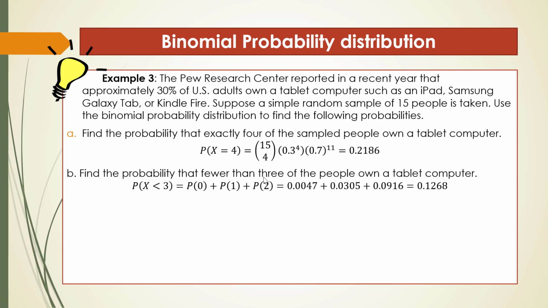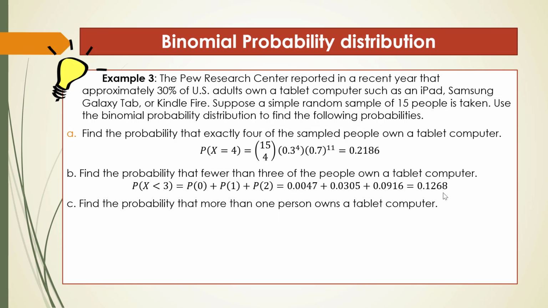This is 0.0047 plus 0.0305 plus 0.0916. Here for each of these terms, we apply the formula of the probability distribution. And the answer for part B is 0.1268.